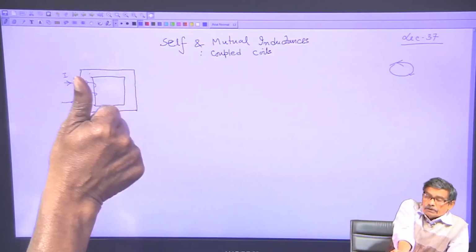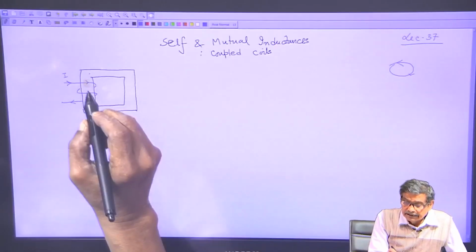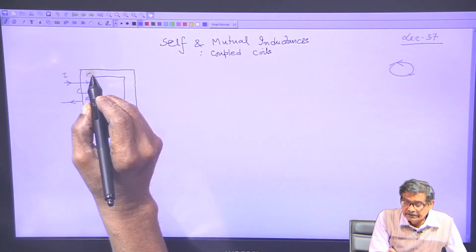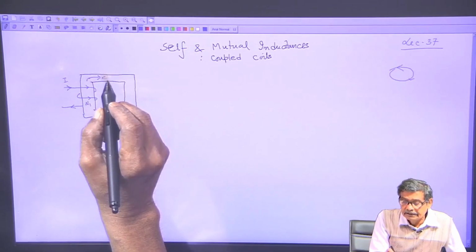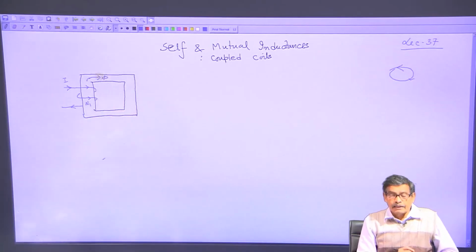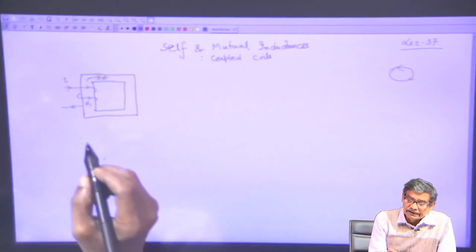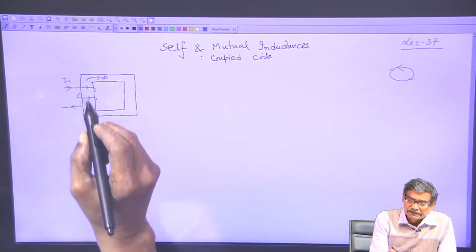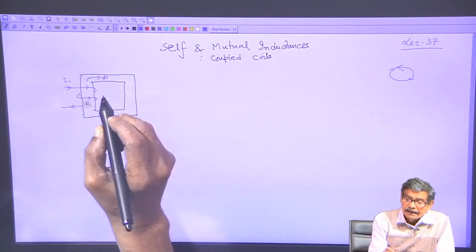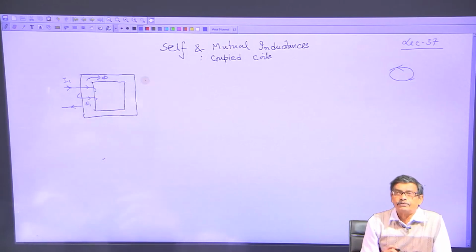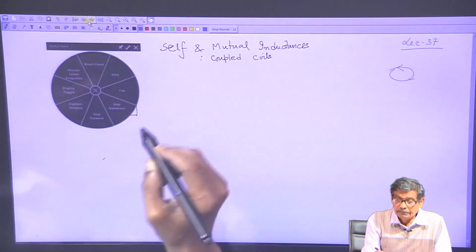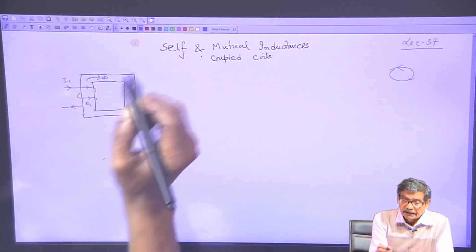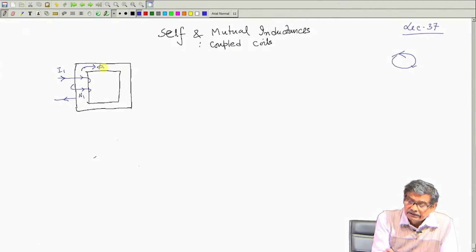Therefore, if current flows at any instant of time in this direction, some flux will be created in the core, and this flux is created by this current I1. This is coil number 1, and it will create a flux phi. This flux is called the total flux created by the coil.